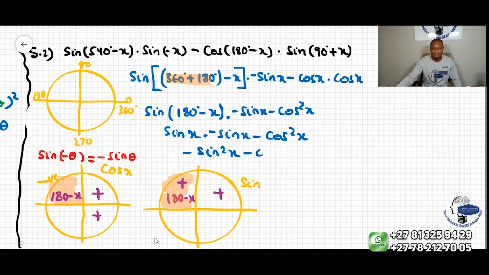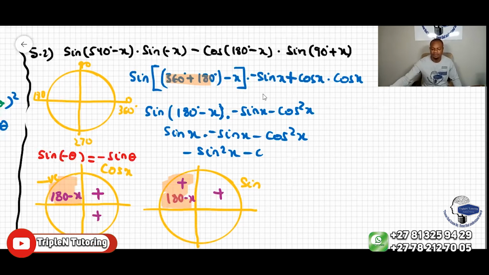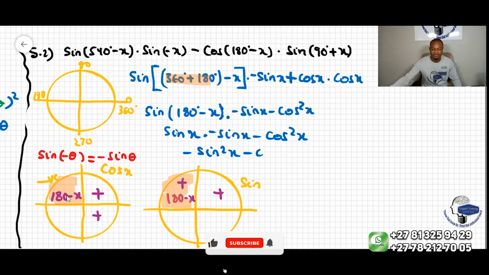Over here, the cos was negative in the second quadrant.